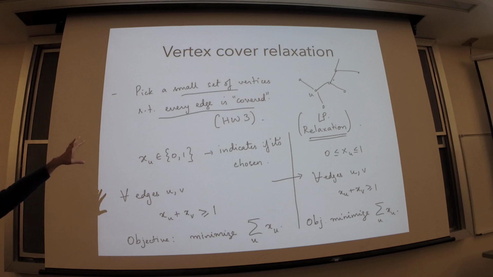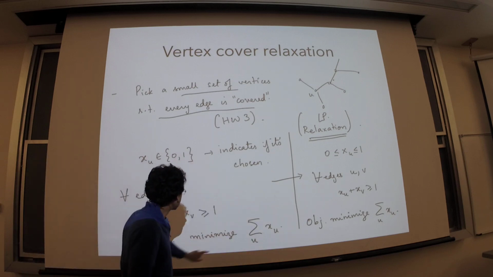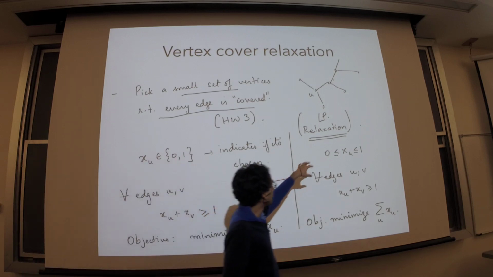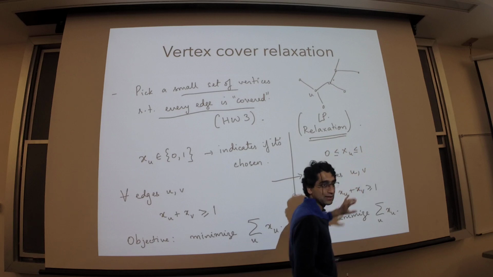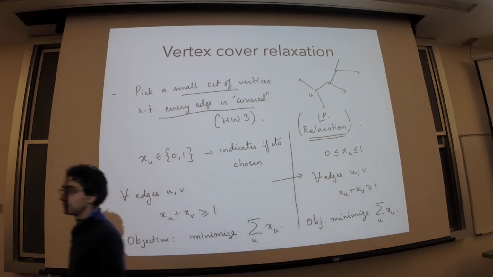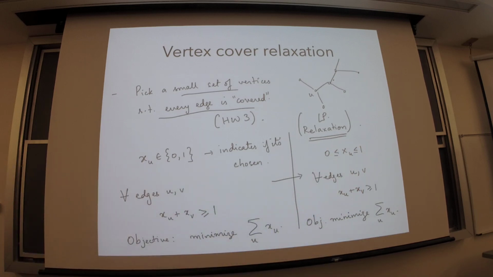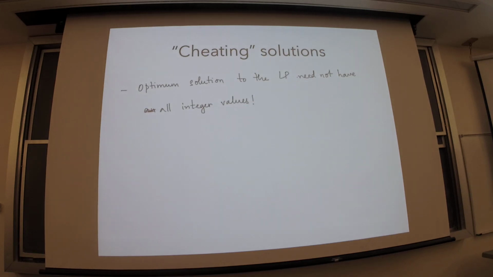Let me show a very simple example of vertex cover, where the optimum solution to this integer program and the optimum solution to this LP relaxation are different. So let's consider this instance of vertex cover.